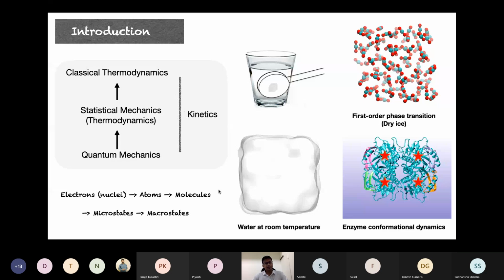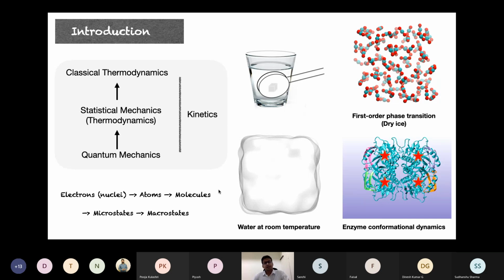So let's start with thermodynamics. Most of the things you have probably already studied, so consider this class as revising or recalling those ideas. In this slide, I have put one schematic. If you think of very tiny subatomic particles, you can think of electrons and nuclei.